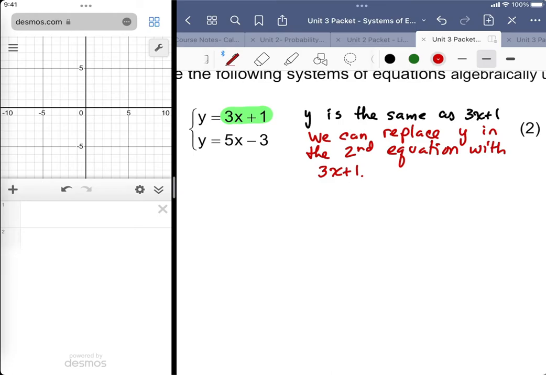So what that allows me to do is replace the y in the second equation with the 3x plus 1. So instead of saying y equals 5x minus 3, I'm going to say 3x plus 1 is equal to 5x minus 3.